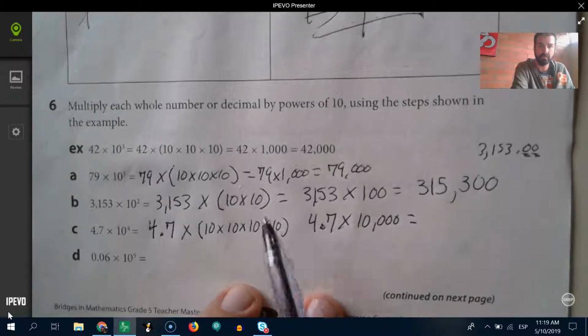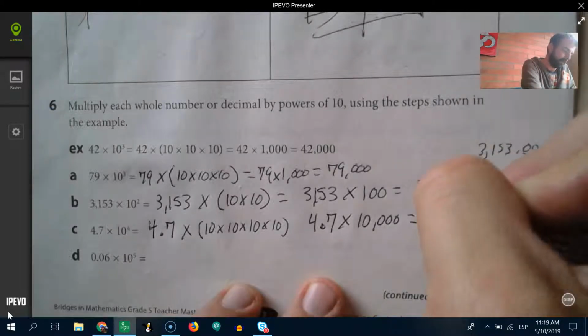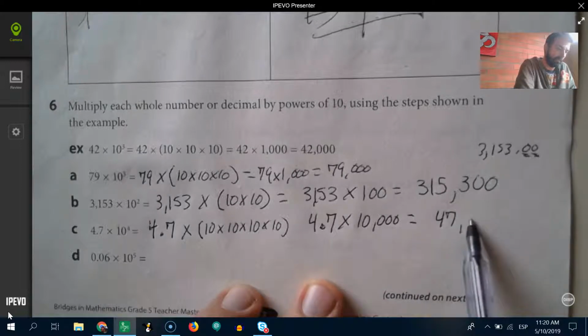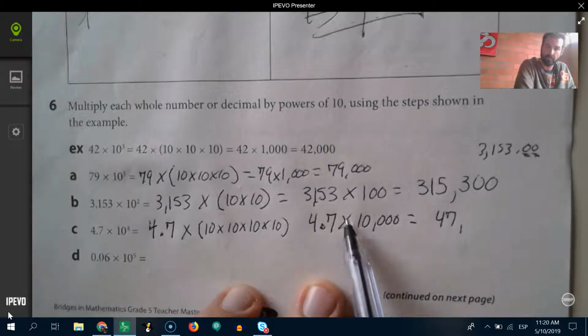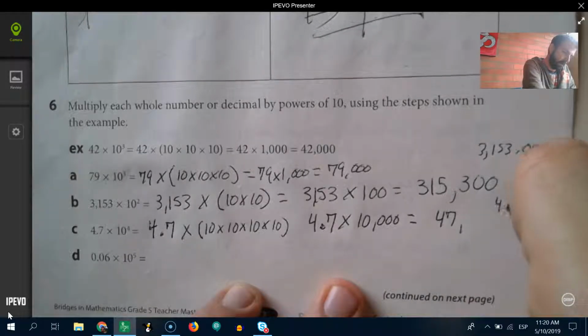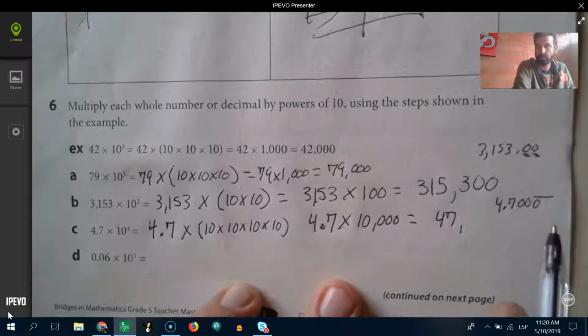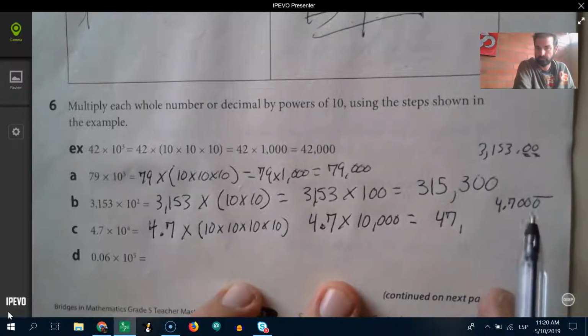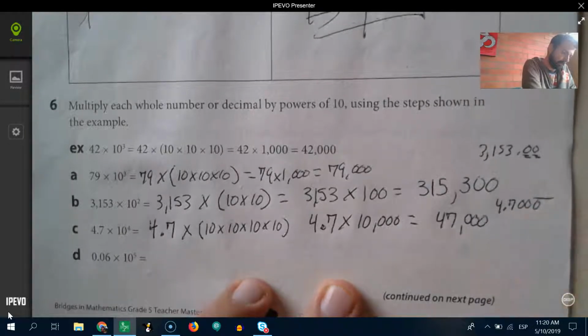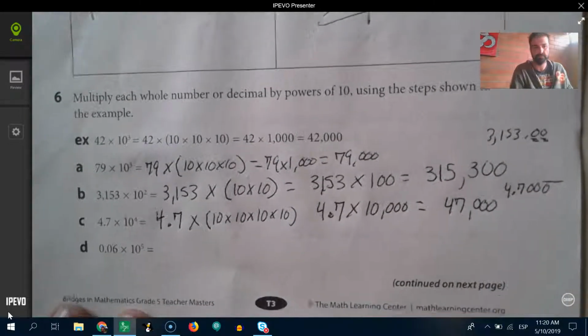Ones to 10,000s. So if my 4 is in the 10,000s, my 7 is going to be in the thousands. And then where do these zeros come from? There's zeros here, right? 0, 0, 0. So it's 4 and 7/10, and then there's zeros, right? To infinity and beyond. So these zeros are shifting down for me. So my answer is 47,000.